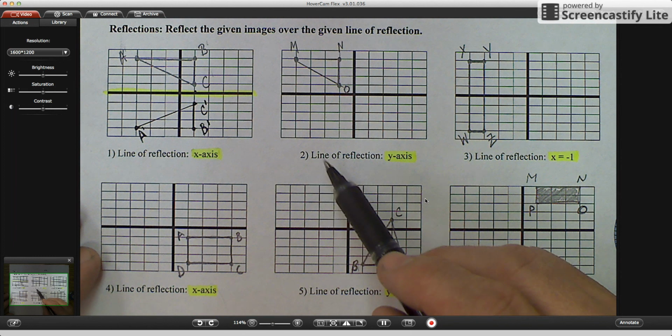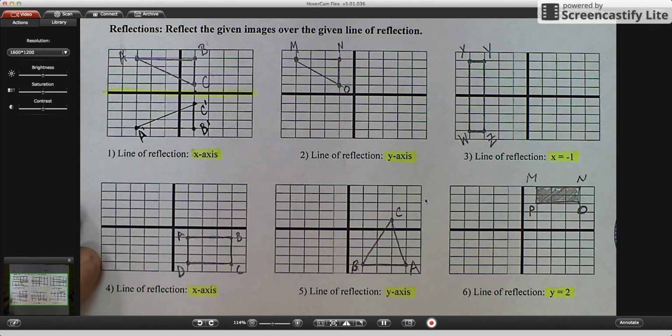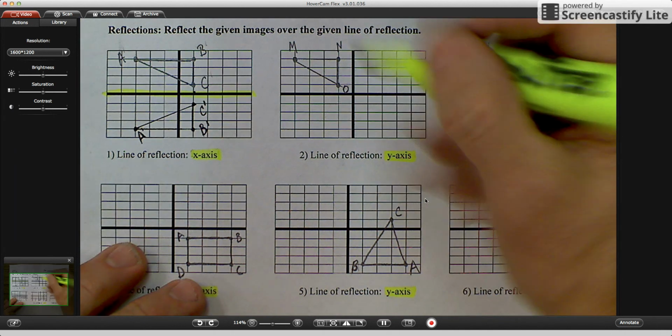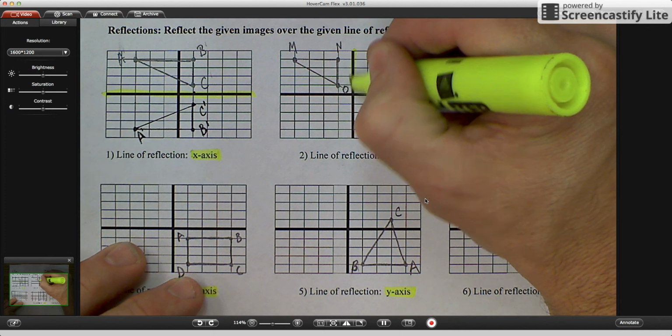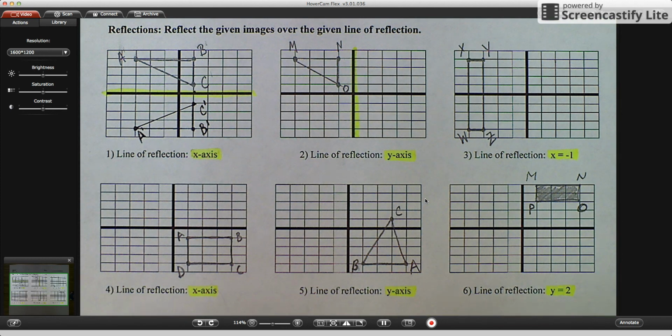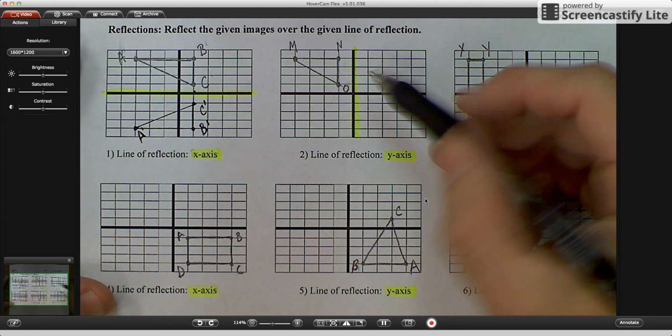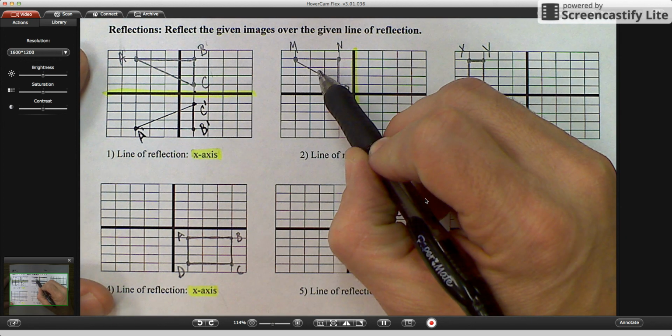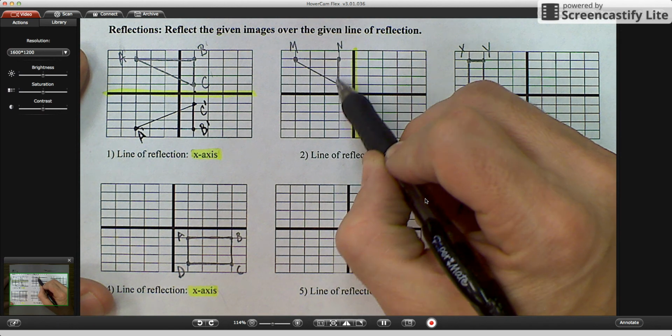The second one says the line of reflection is the y-axis. So again, I'm going to take my highlighter and I'm going to highlight the y-axis. I'm going to get my pencil or my pen, and I'm going to say in my pre-image we have triangle MNO.